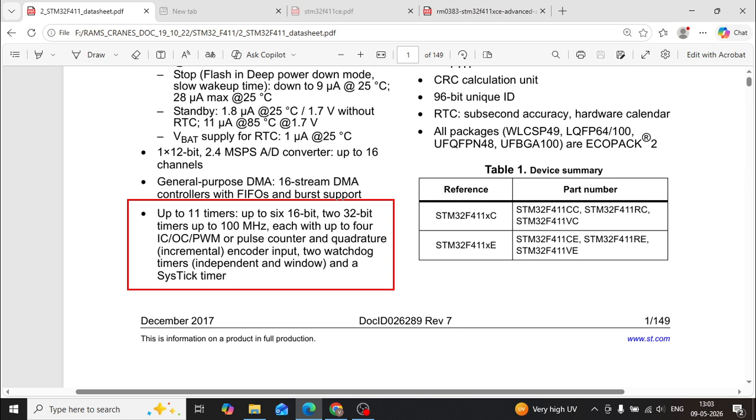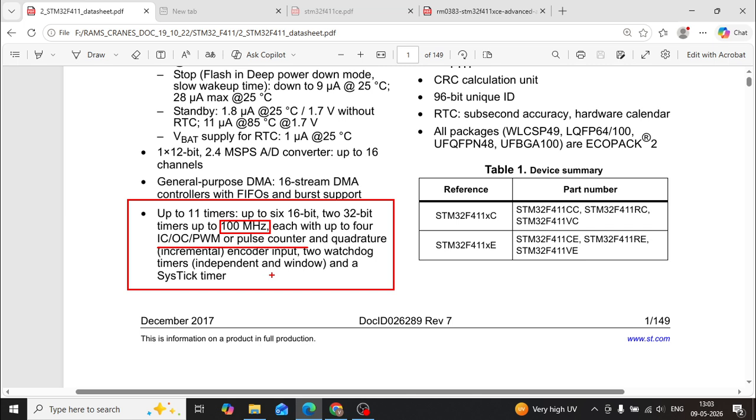Then we have timers. There are 11 timers available in this microcontroller, and out of those, 9 timers are 16-bit and there are 2 timers of 32-bit. These timers are able to operate in different modes: IC stands for input capture, OC stands for output compare, and then PWM. The timer operating speed is up to 100 megahertz.